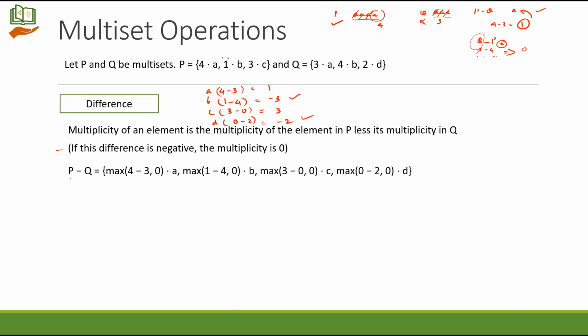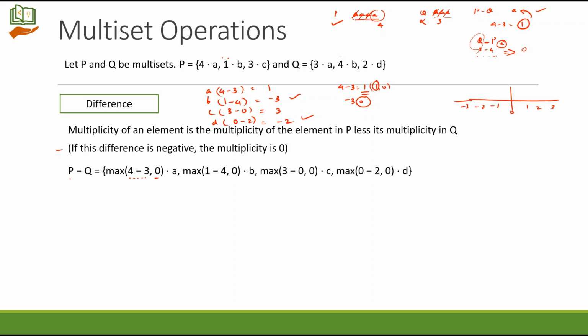In order to choose 0 instead of a negative number, you can give the maximum function to pick the result. 4 minus 3 will give you 1. So 1 comma 0, which is maximum? 1 is maximum. So 1 will be taken. What about minus 3 comma 0, which will be maximum? 0 will be maximum. So in this scale, you have 0, 1, 2, 3. This is minus 1, minus 2, minus 3.